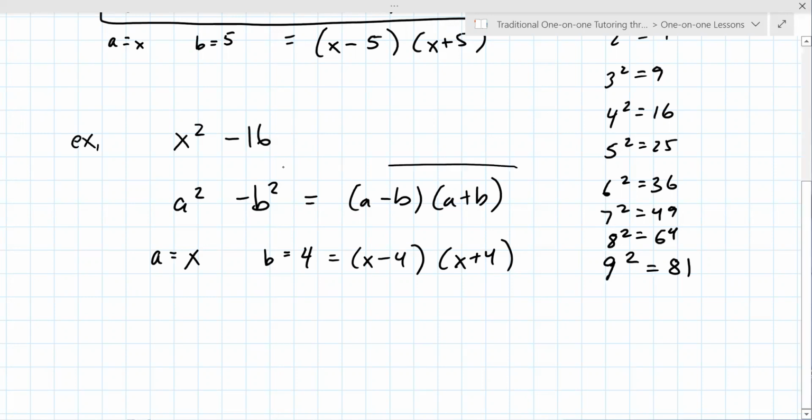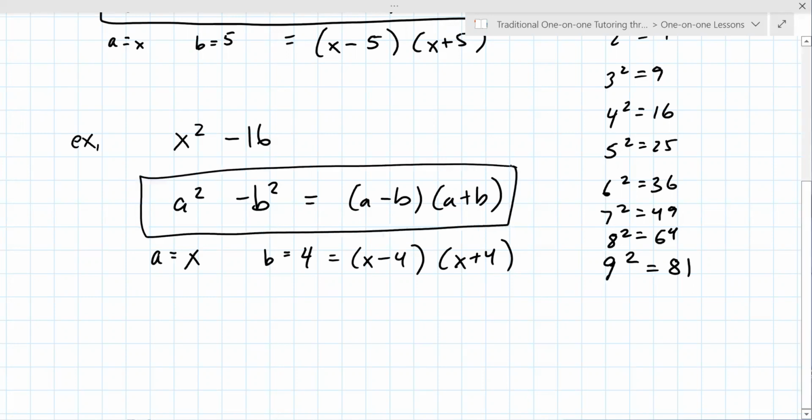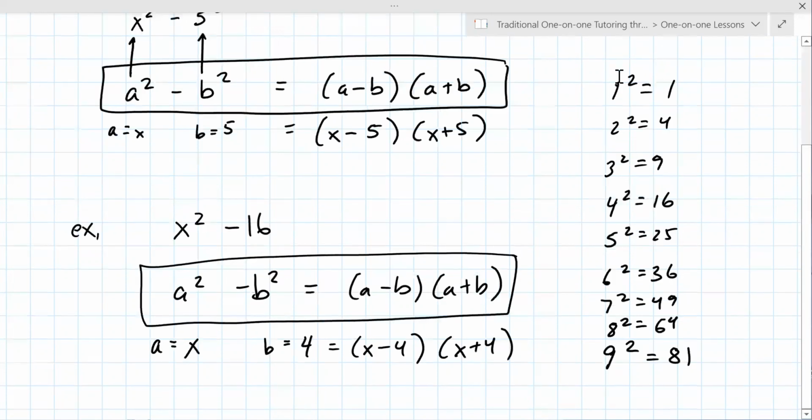So again, it comes from this formula that I'm boxing in, and you've got to identify your a and your b, and that's the most critical part. And then on the right here, you have to know all these squares. Like you got to know those really well.